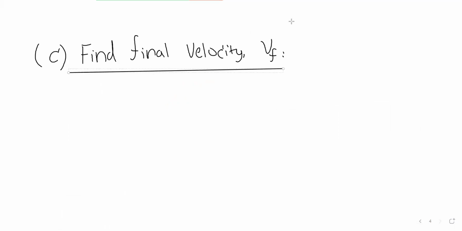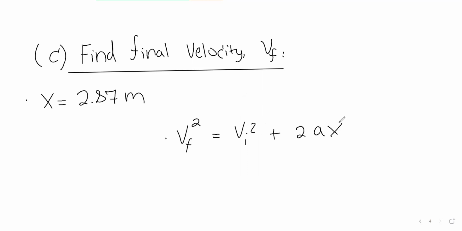So we use kinematic equations, and this is where the distance x comes into play, which was 2.87. So what's a kinematic equation that contains x? Well, one that comes to mind is v final squared equals v initial squared plus 2ax. The block starts from rest.